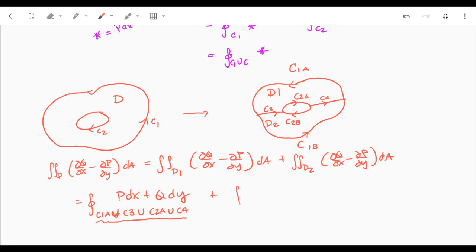Plus, now I'm going to get D2. So I'm going to have C1B, negative C4, C2B, that should be a union sign again, I keep writing plus, negative C3. And then the C3s and the C4s cancel out.